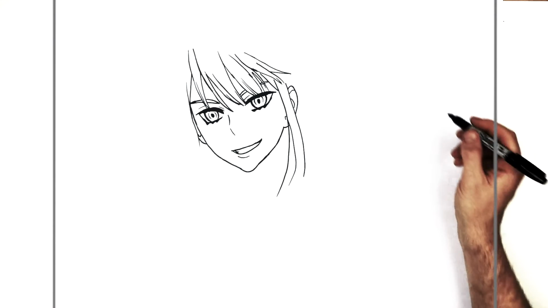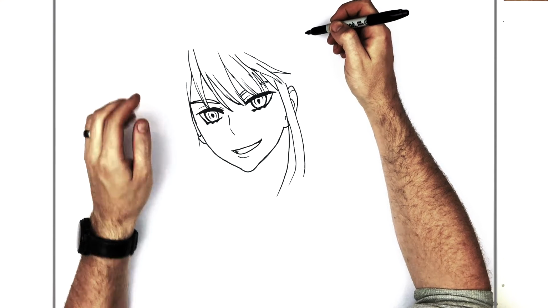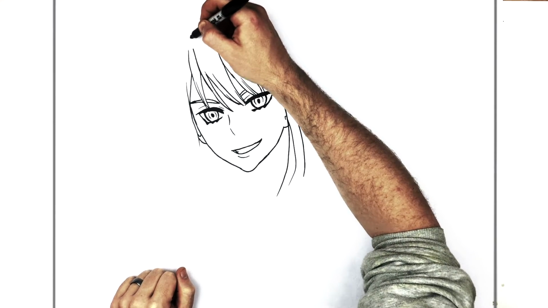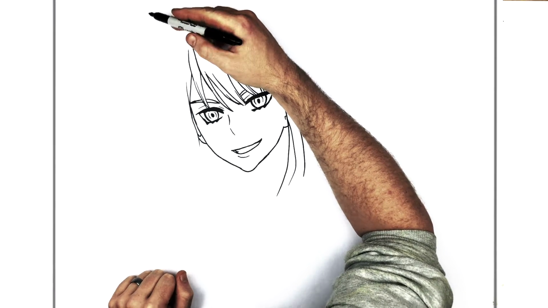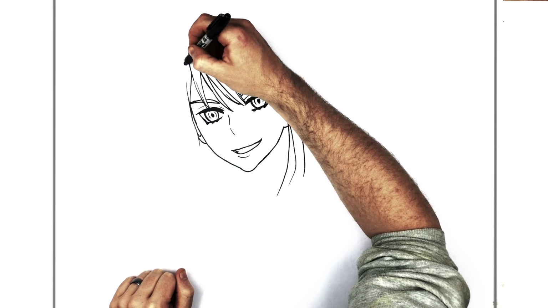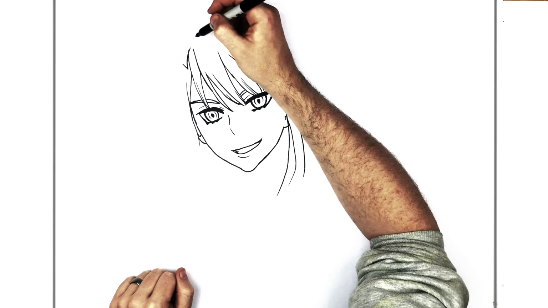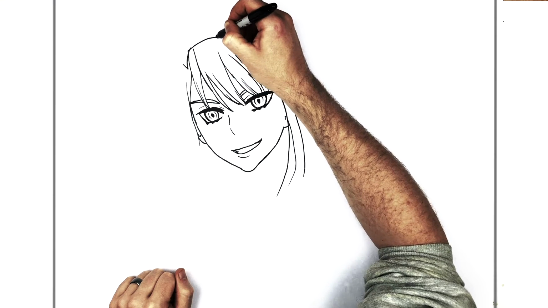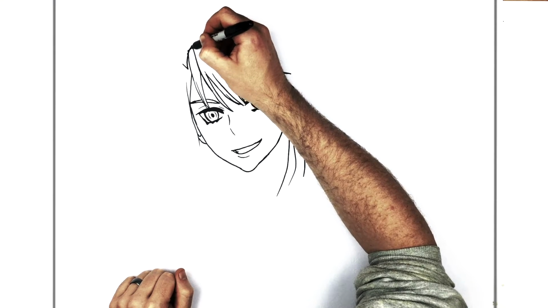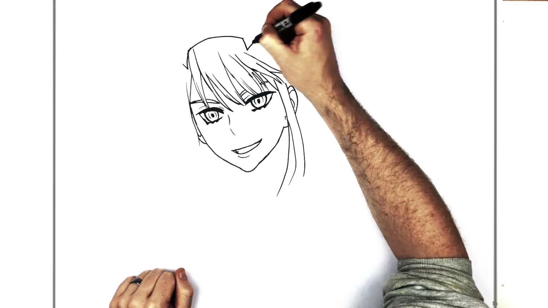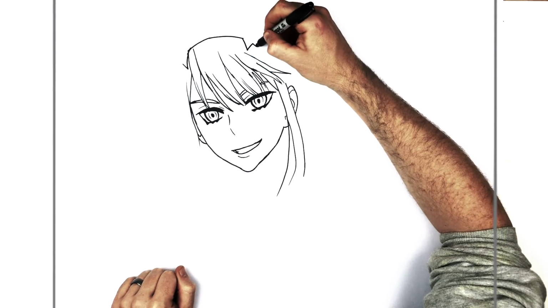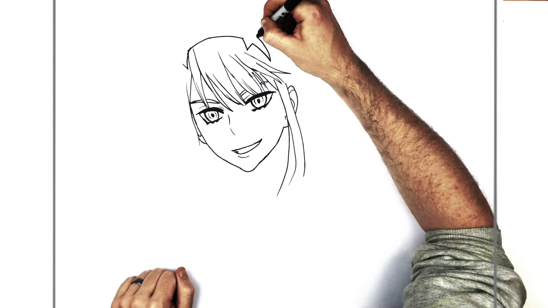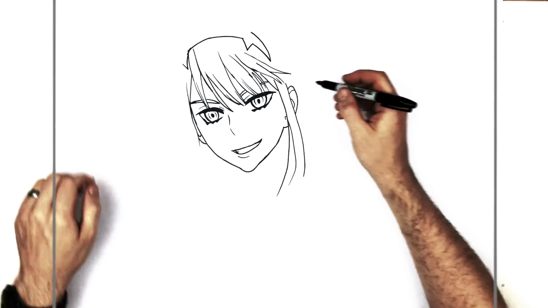Okay, so she has those horns that are sticking over her head. Let's see, so we have a spike here and then it goes up, around like that. And then we have another spike here. And then this comes down into there. It's like a headband, so it goes into her hair basically. Like there.